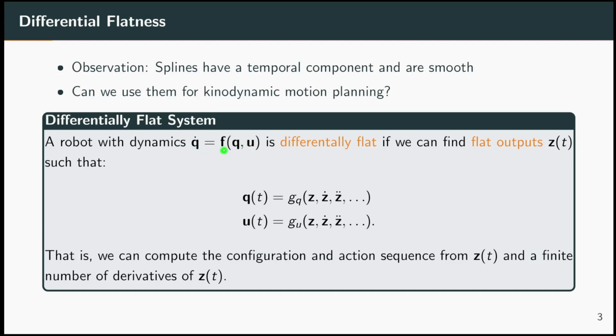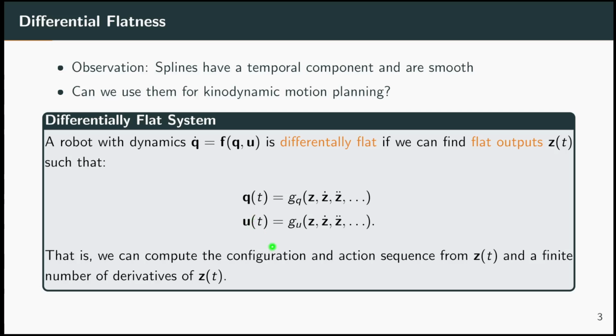We call that system differentially flat if, in this output set z(t), we can find two functions, g_q and g_u, that compute the q(t) just given this latent variable z, its first derivative, second derivative, and so on. And we need both functions.